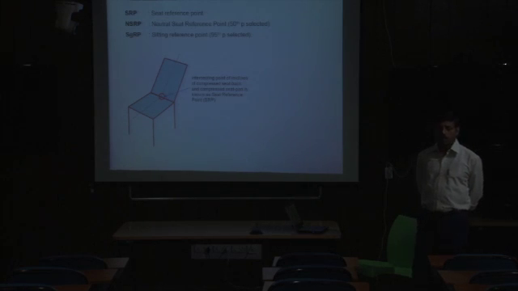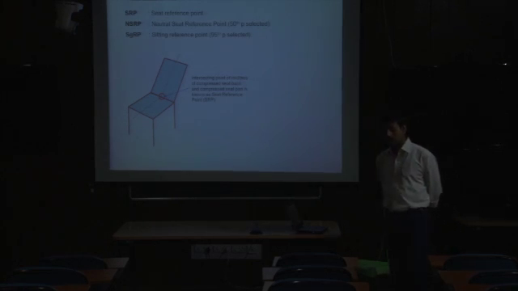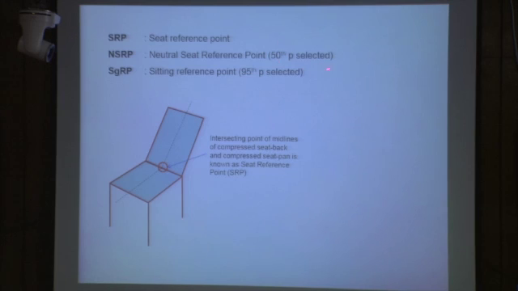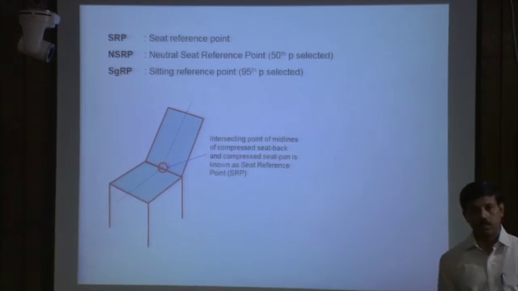While operating these controls, they will adjust their seat forward and backward. So the 50th percentile driver's selected seat position, as he or she adjusts the seat as per requirement, the location of SRP on the seat is called neutral seat reference point.